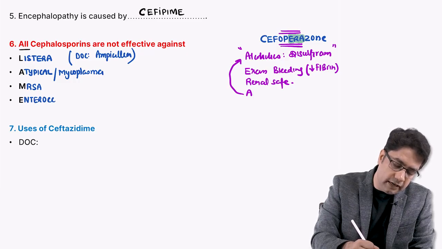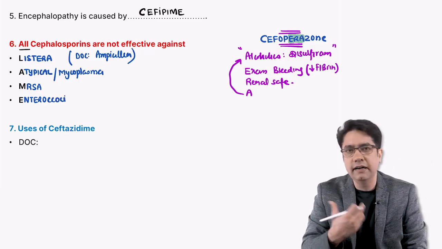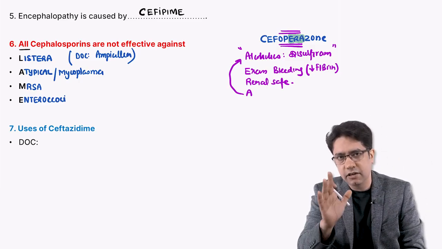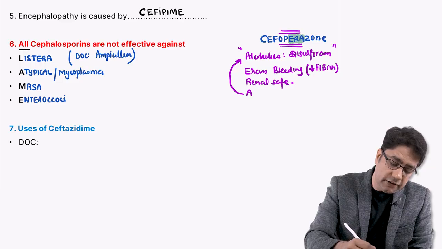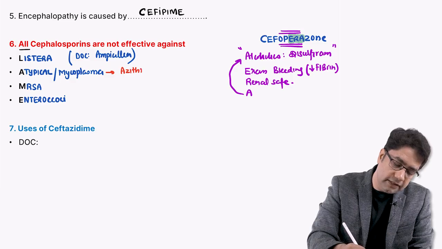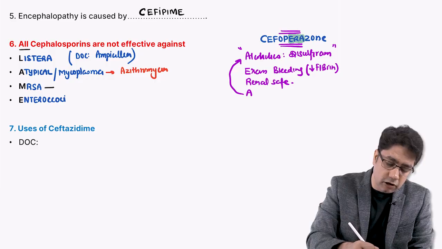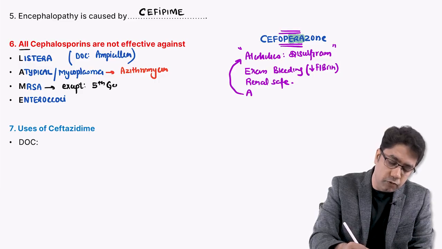Enterococci, remember, can cause endocarditis and UTI, and in this section we are discussing the treatment of Enterococci. So what is the treatment of Mycoplasma? We prefer to give the drug azithromycin. For MRSA, remember, all cephalosporins are not effective except fifth generation cephalosporin.